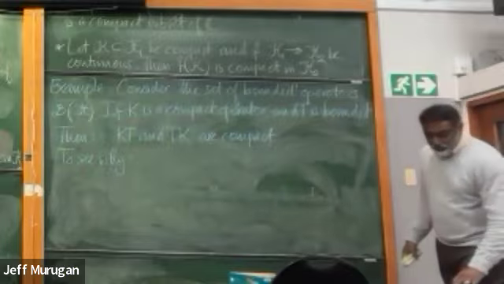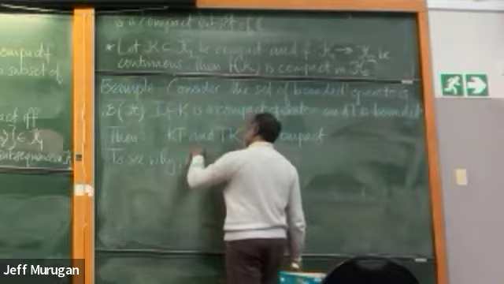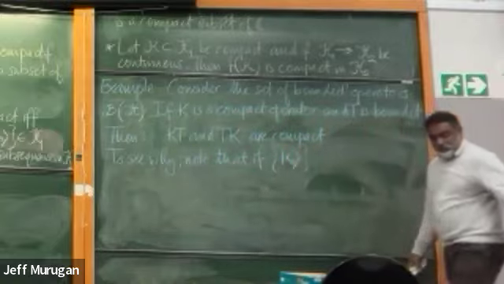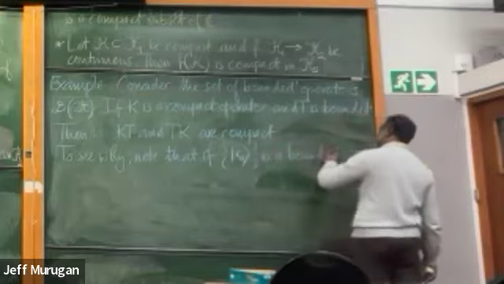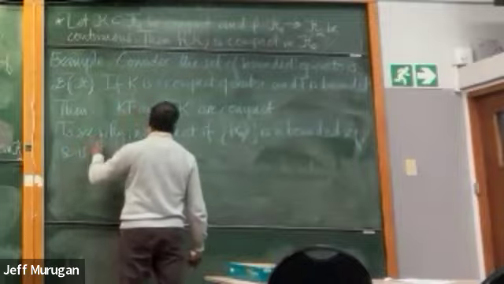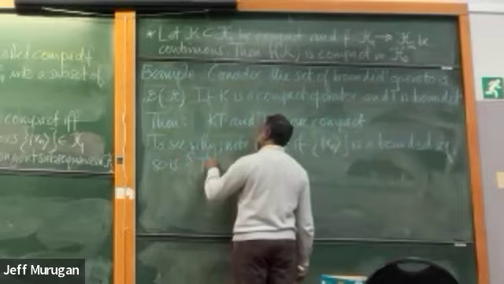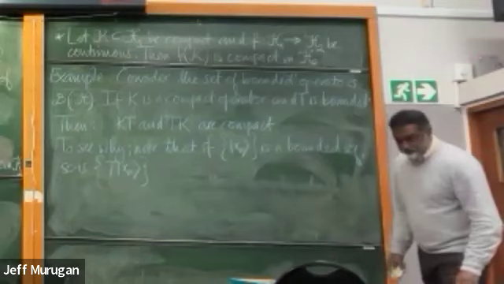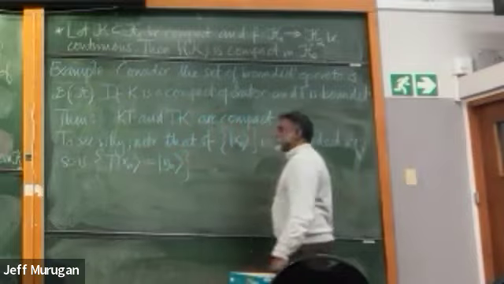See why? Note that if Xn is a bounded sequence, then so is the sequence that I get by acting on this sequence with a bounded operator T, by definition of what it means to be a bounded operator T. Let's call this guy Yn to define the sequence Yn.